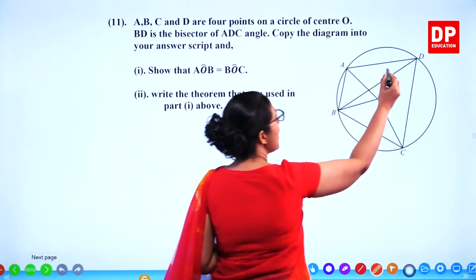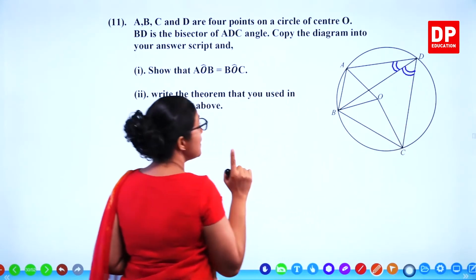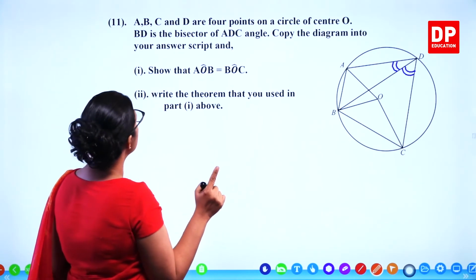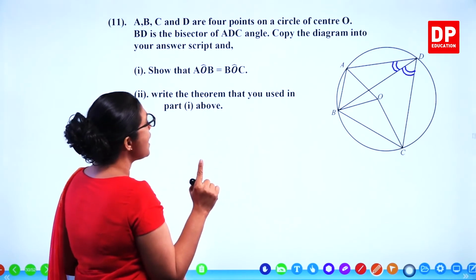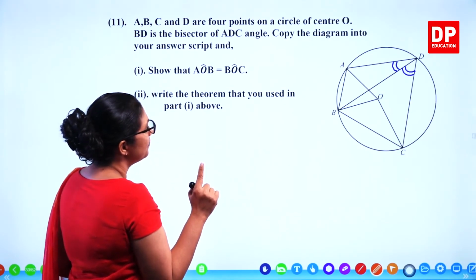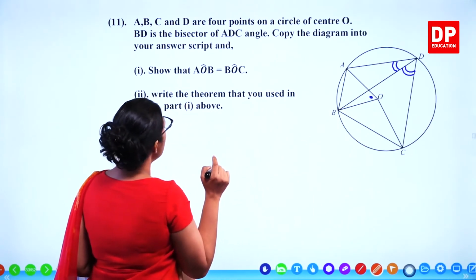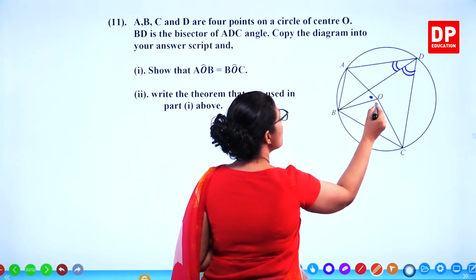So straight away you can mark this length equal to this length. These 2 angles are equal because that's a bisector. Copy the diagram into your answer script. Show that angle AOB is equal to BOC.